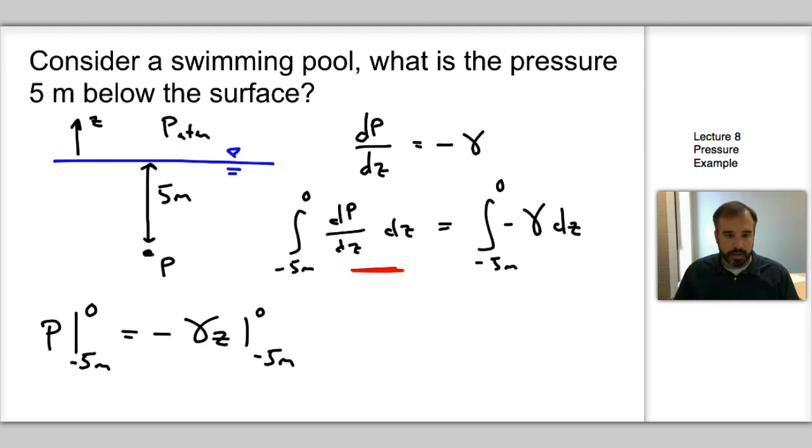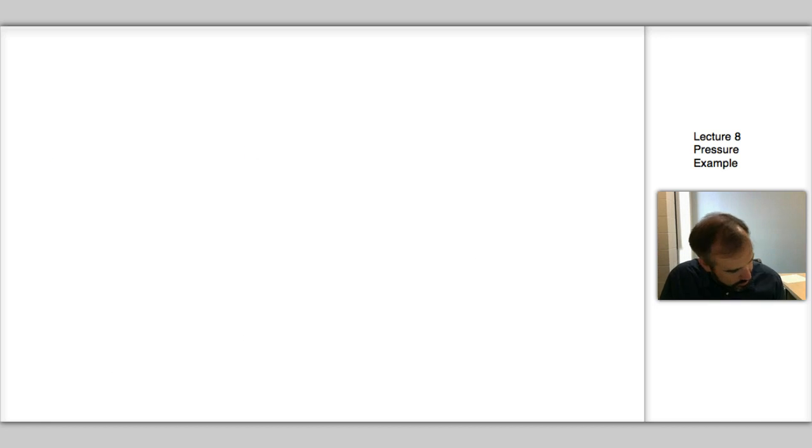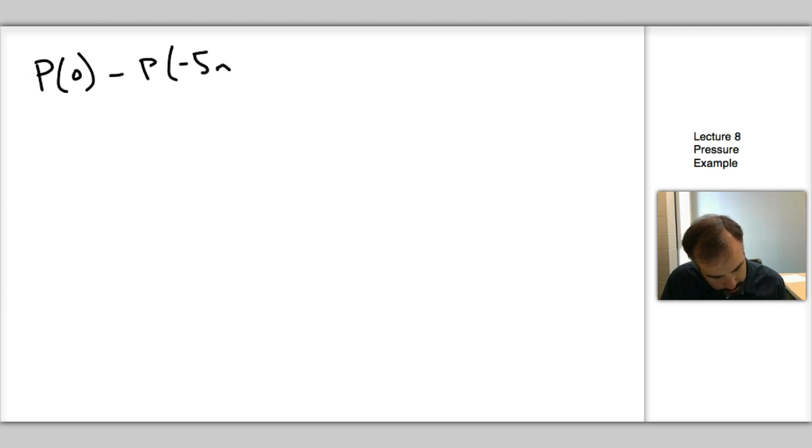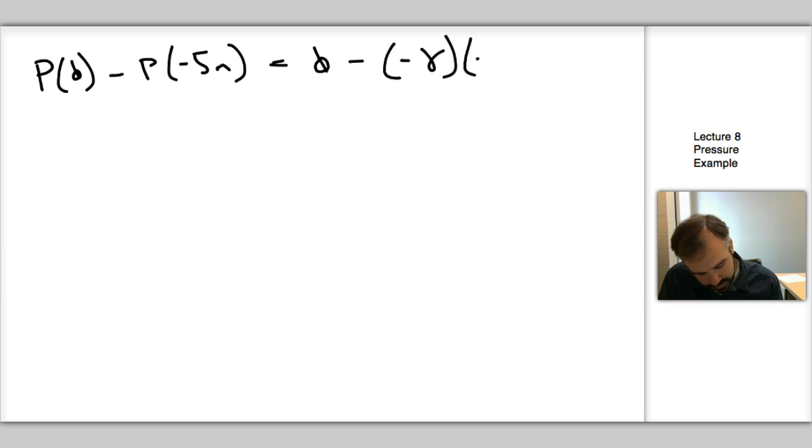Okay, so if we look at working in gauge pressure, then we're going to look at relative to atmospheric. So we can get, say, P at 0 minus P at negative 5 meters is equal to 0 minus, parentheses, negative gamma times negative 5 meters, right?